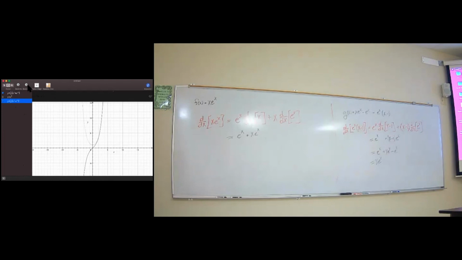And what that other function, the derivative of that e to the x plus e to the negative x, looks like, it's like that. Just some interesting details about all of these.